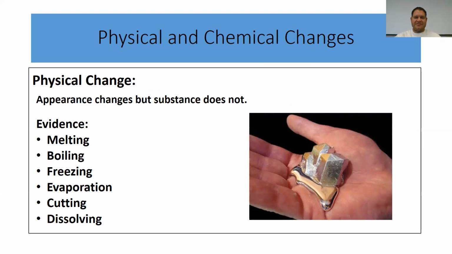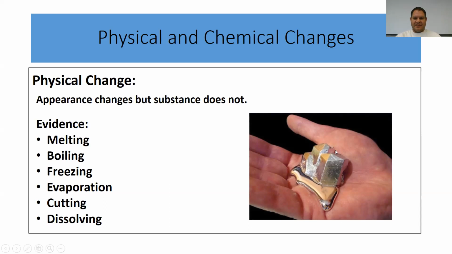And there are two types of changes of materials. It's either a physical change or a chemical change that occurs. So first look at physical changes. And essentially a physical change changes the appearance of the material, but it doesn't change the actual substance.